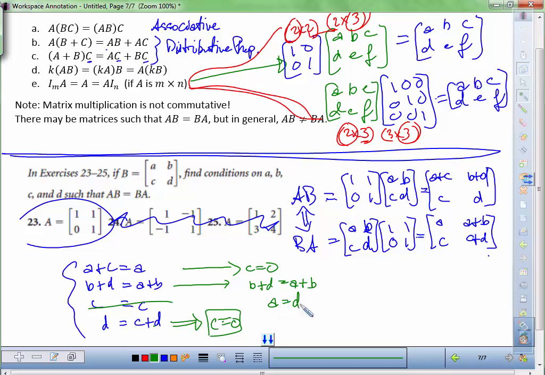A is equal to D. And any restrictions on B? B can be anything, right? As long as A is equal to D. So C has to be equal to 0, D has to equal A, and then B can be anything. So these are your conditions for A, B, C, and D so that this is going to be commutative.